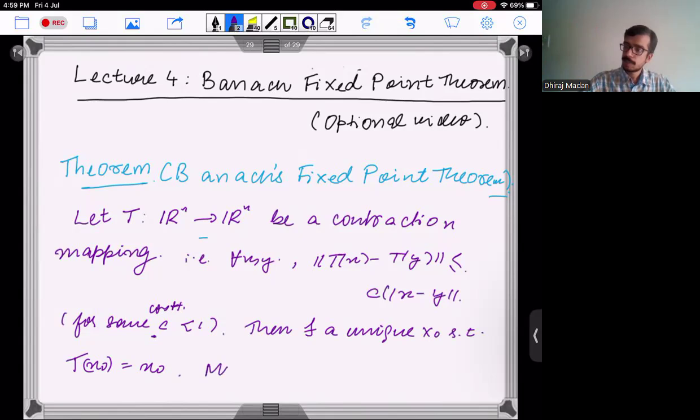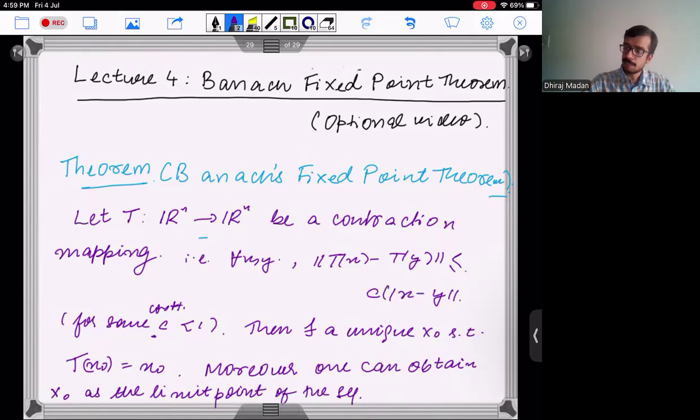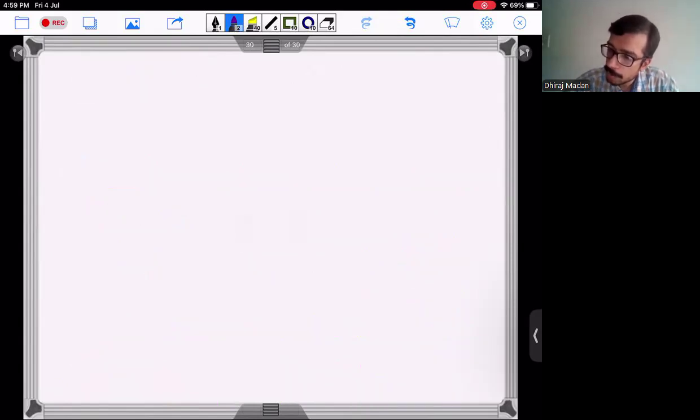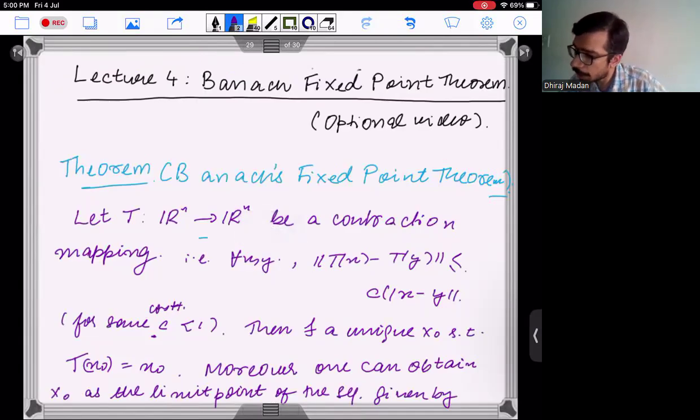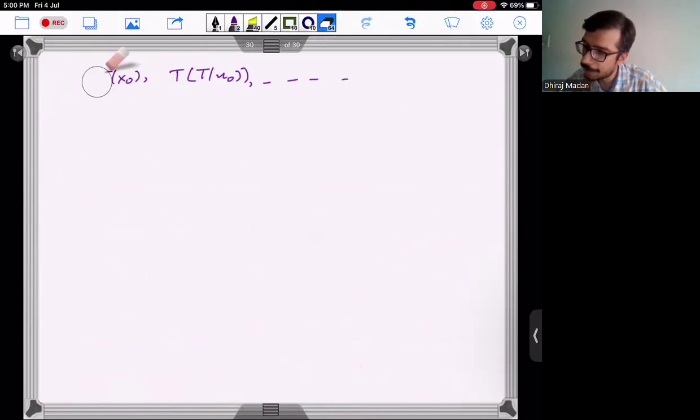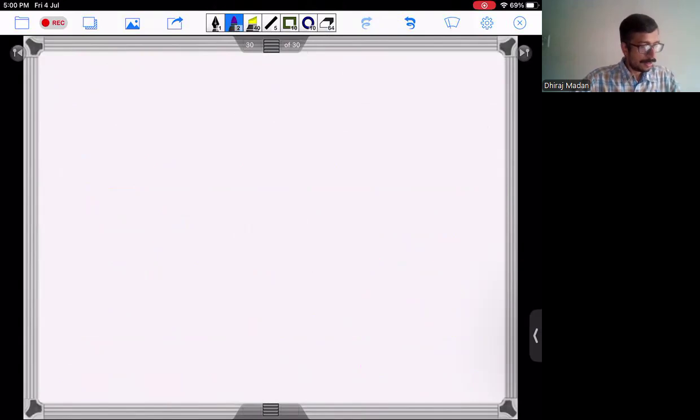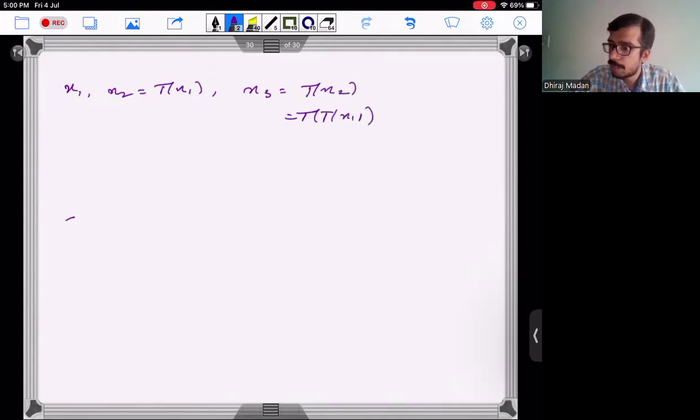Moreover, one can obtain x naught as the limit point of the sequence given by x1, and then x2 is T of x1, and then x3 is T of x2, which is T of T of x1, and so on.